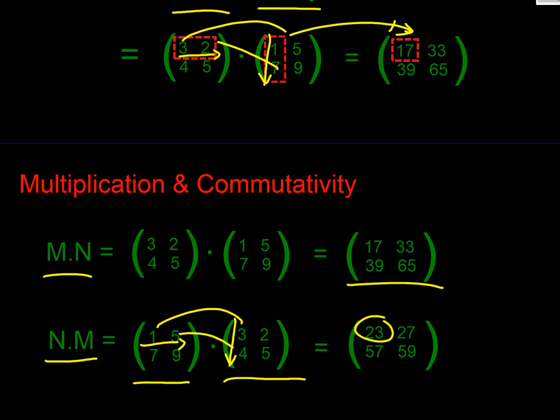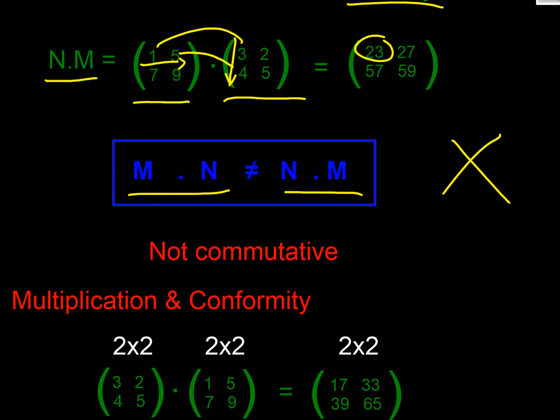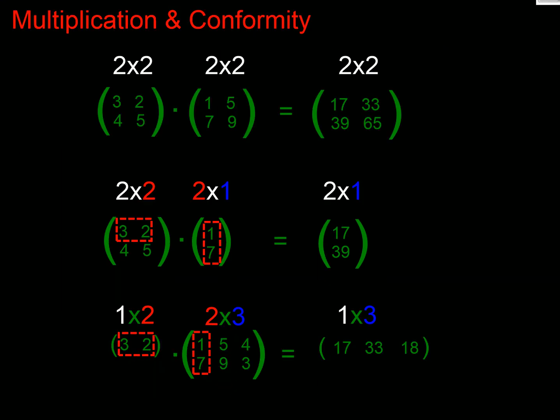So unlike ordinary multiplication, where 3 times 2 equals 2 times 3 and is commutative, it's not commutative with matrices, because I get a different answer if I multiply m by n, m dot n, than I will if I do n dot m. So they're not commutative.